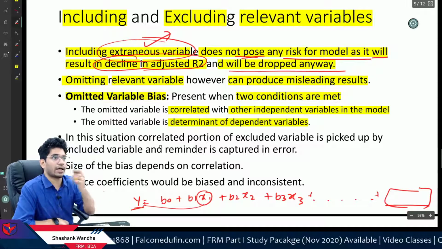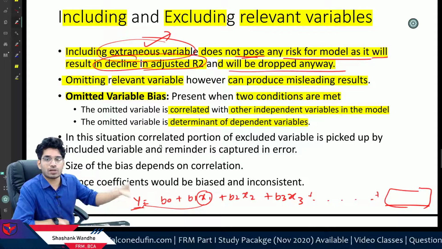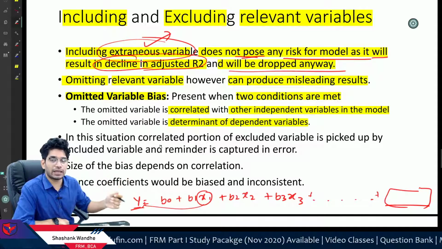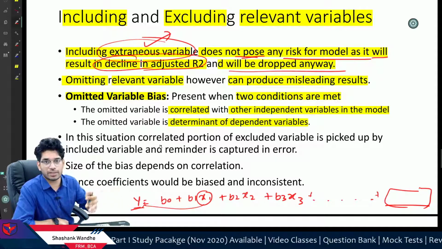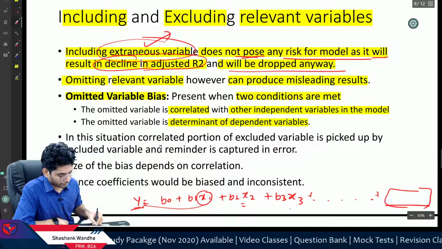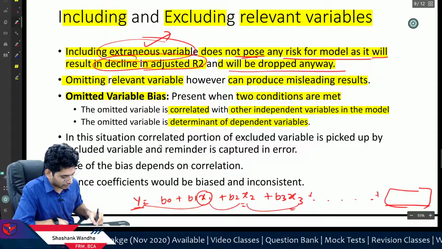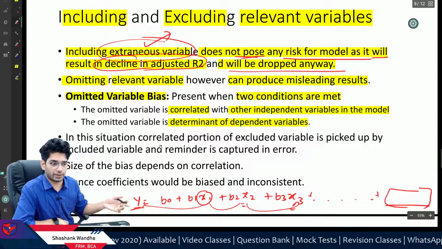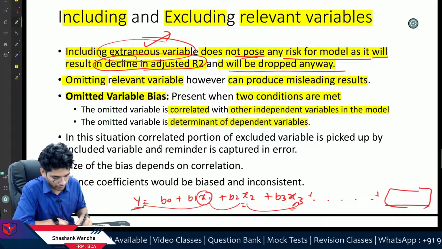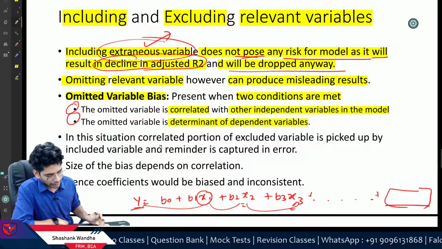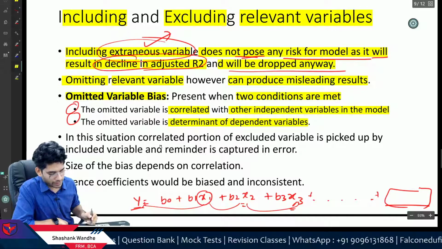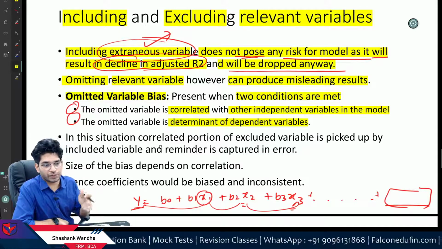Say the price of your car depends on your income. If you drop income as an independent variable in your regression model, the first problem arises. And it is correlated with x2 and x3. So these two conditions must be there.